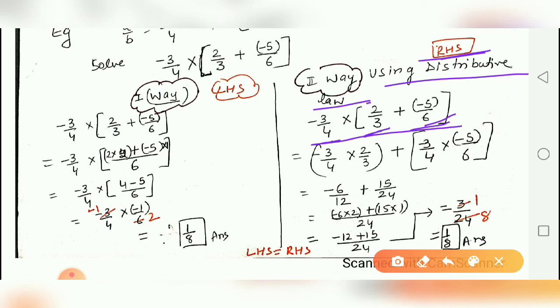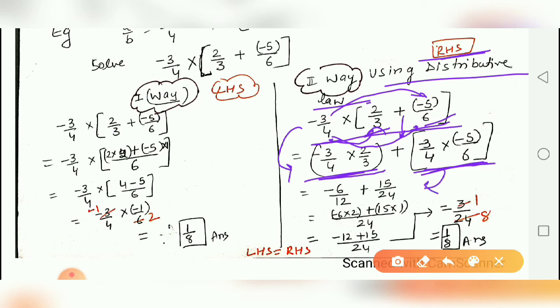The -3 upon 4 is multiplied by 2 by 3, as well as it is multiplied by -5 by 6. How? Let us see in the next step. If we open the bracket, we will write -3 by 4 into 2 by 3. Here is a plus sign, we will write plus here, and then negative 3 by 4 multiplied by negative 5 by 6. Now we will solve these two brackets separately and get this step.